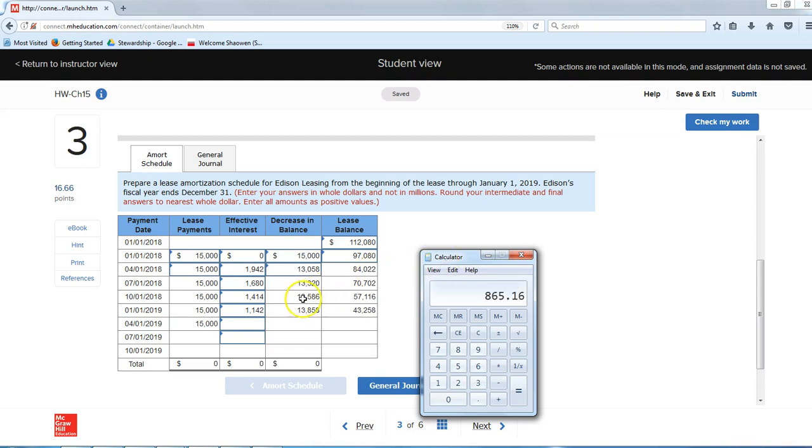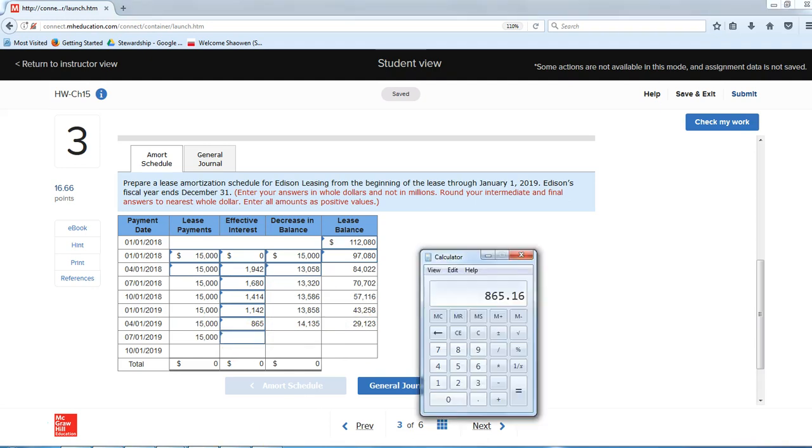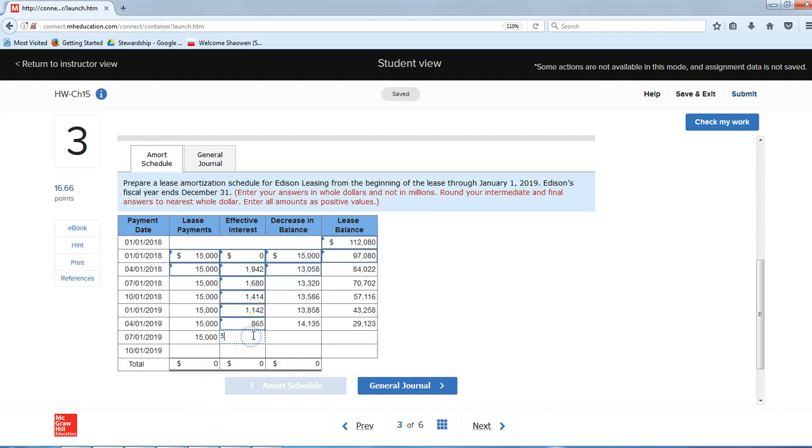The next period, April 1st, we have the interest revenue. And then July 1st, we will take the balance from the last period and multiply by 2%. So that completes this amortization schedule.